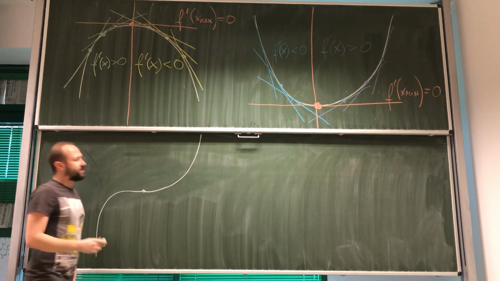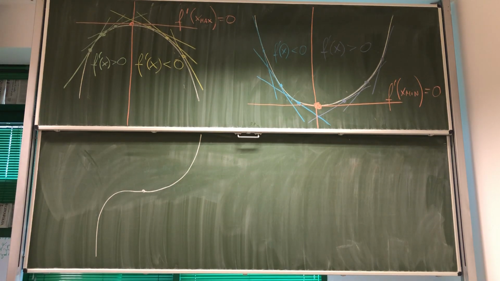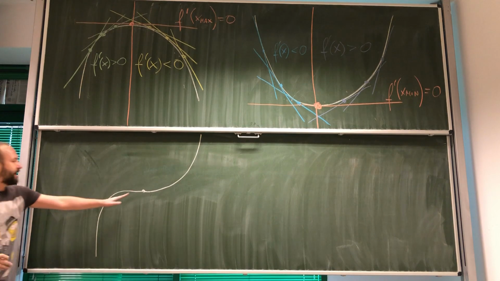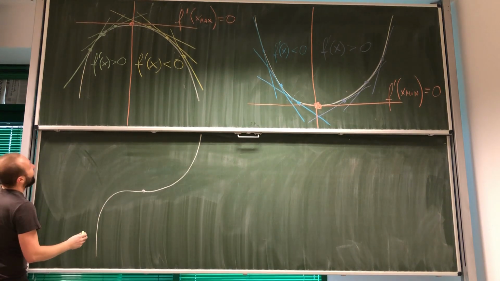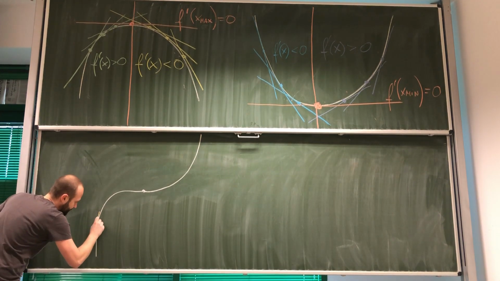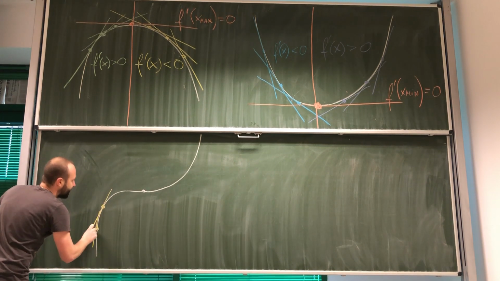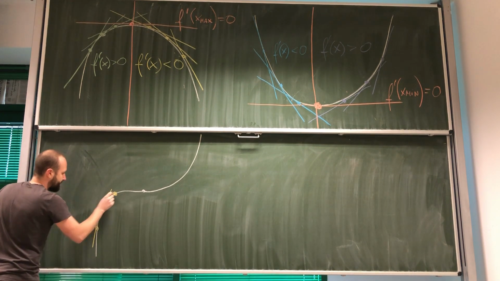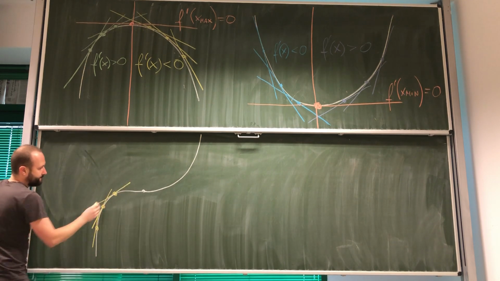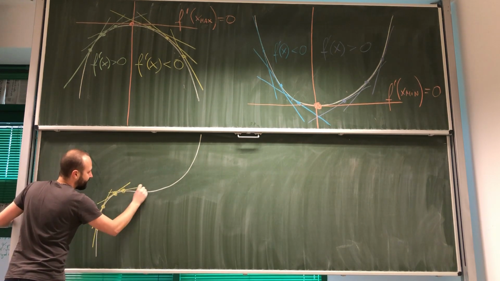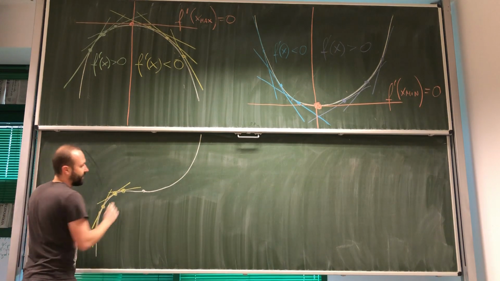Like the example is, for example, x cubed, x to the power of 3. Now, let's just see what happens as I approach this point. Look, at the beginning, the function is very, very steep. But then it gets flatter and flatter.